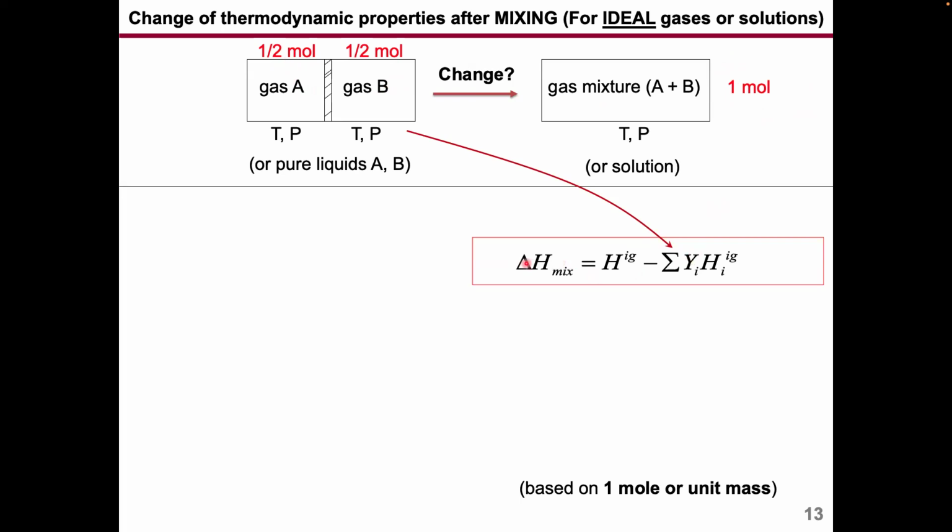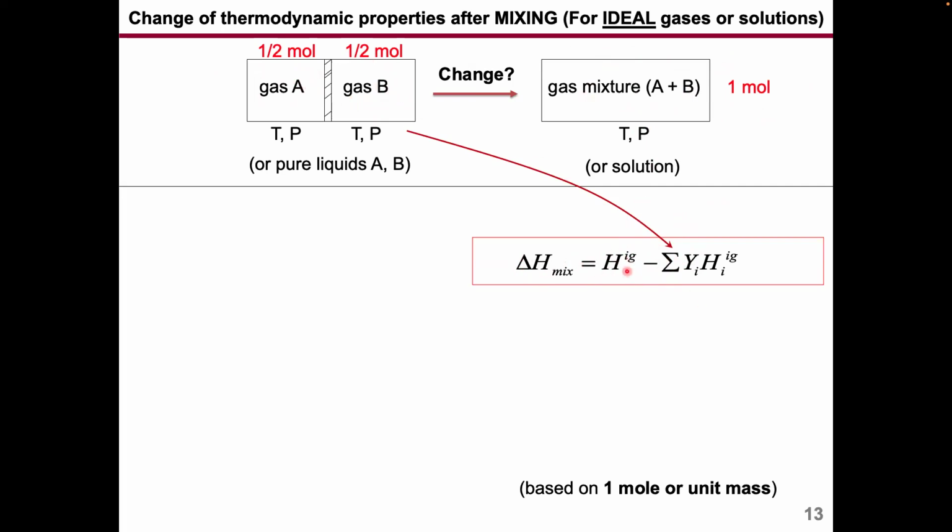Okay, so delta H is going to be H^IG, the mixture final enthalpy, minus the initial pure enthalpy, which is in the pure species A, pure species B state, right?